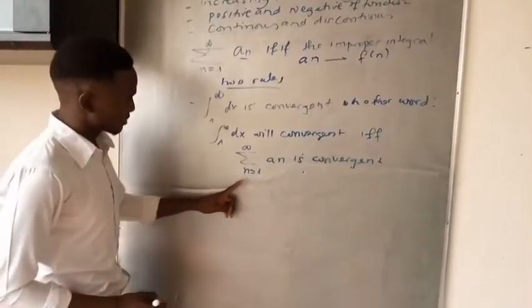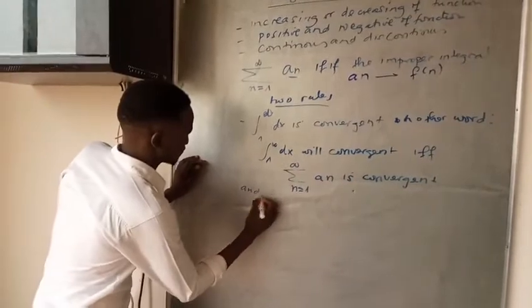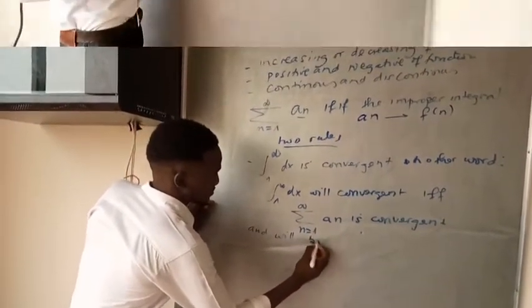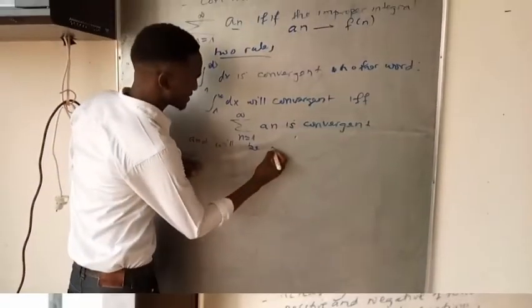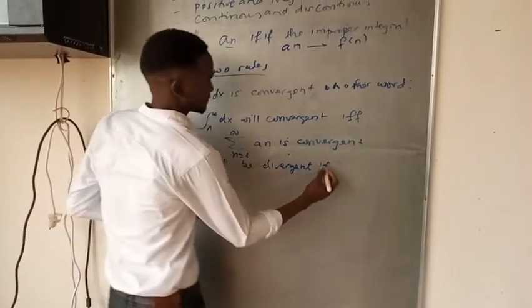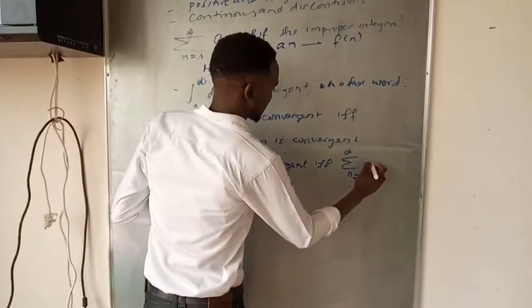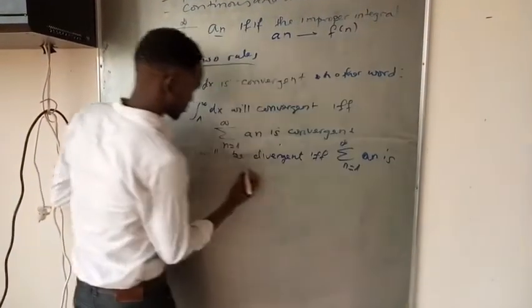and will be divergent if and only if the summation of n from 1 to infinity of an is also divergent.